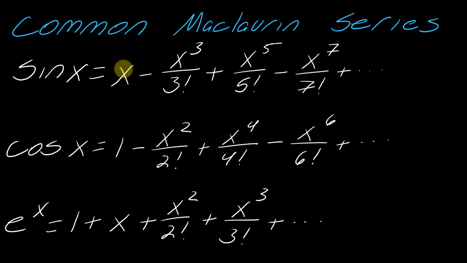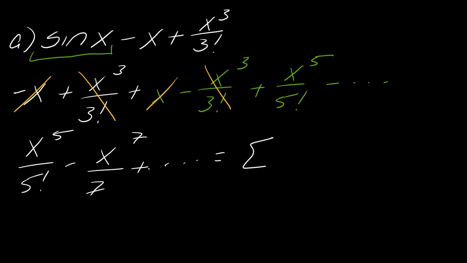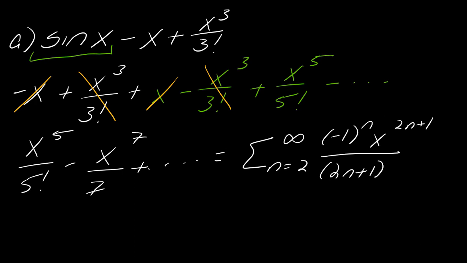Here is your 0th term, your first term. So this is the second term in that series. So I'm just going to re-index this series from 2 to infinity, and then use everything else the same. That is all I really need to do for that problem.